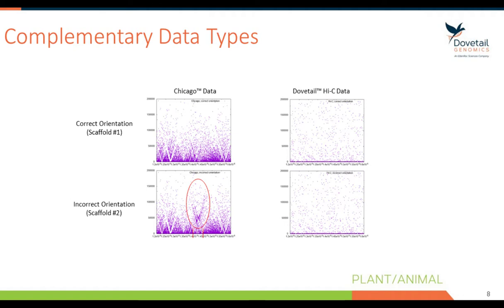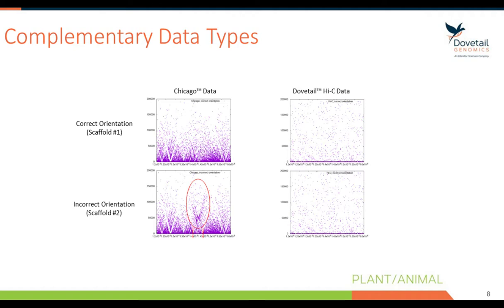And when HiRISE sees this data, it's not able to properly position the Chicago reads because of the false misjoin. So those reads get displaced, and the data gets displaced in this bow tie pattern that I circled here. These signatures stand out like a sore thumb. They're very diagnostic of a misjoin.